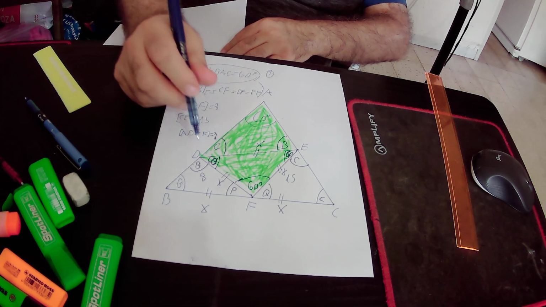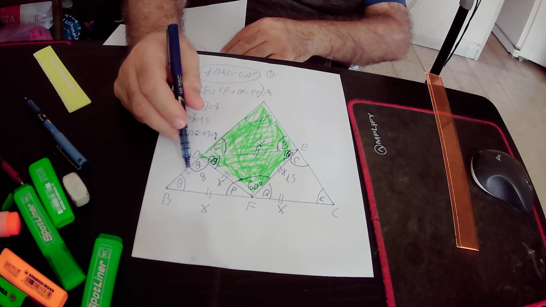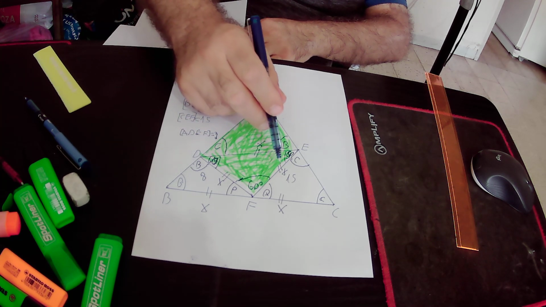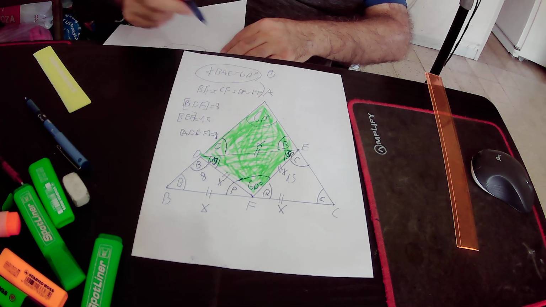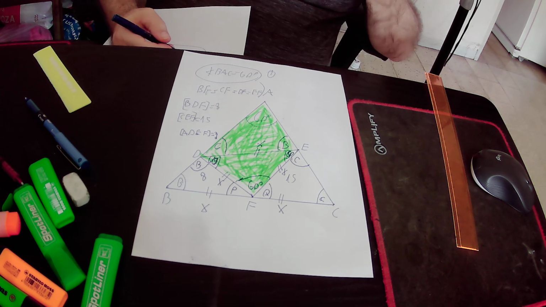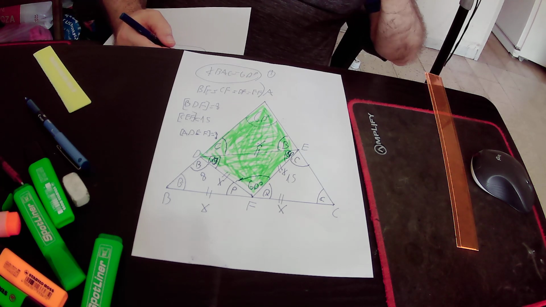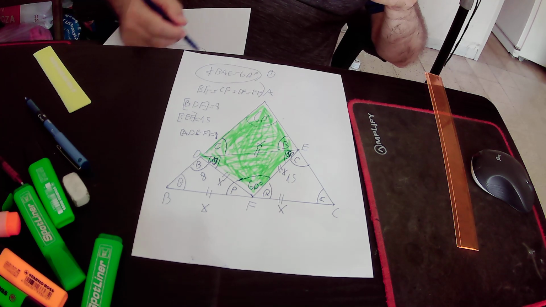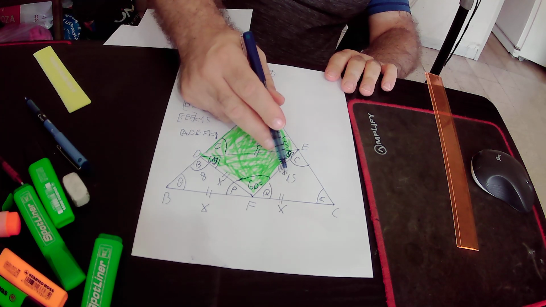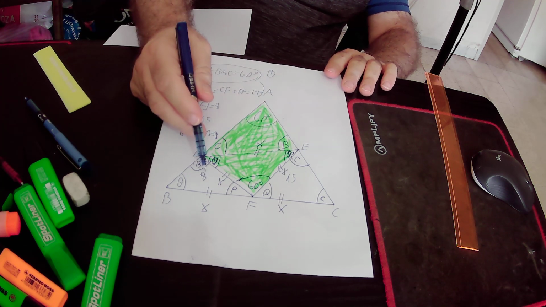Actually, we know that the area of triangle DFB is 8 and the area of triangle EFC is 15, but we will use the formula to calculate the area. We already know that the area of this triangle is 15 square units and the area of this triangle is 8 square units.